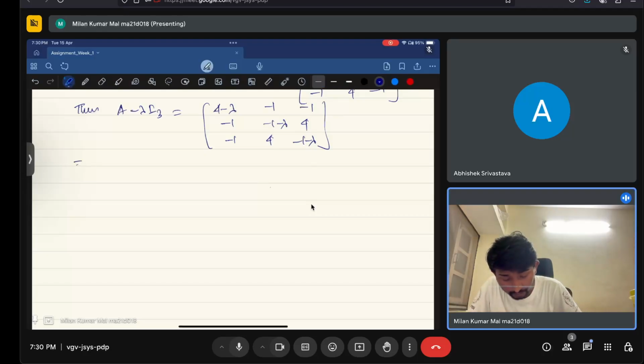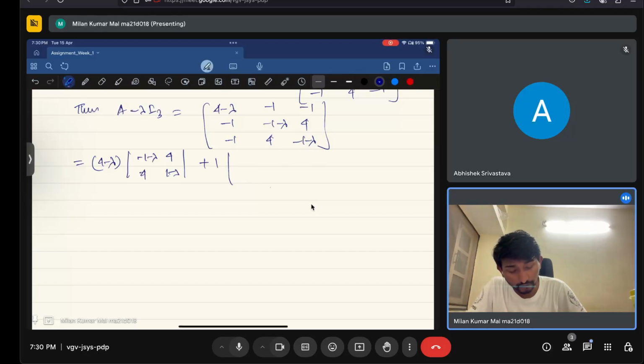So this will be equal to 4 minus lambda times the determinant of the 2 by 2 matrix, minus the next minor, minus the other minor.